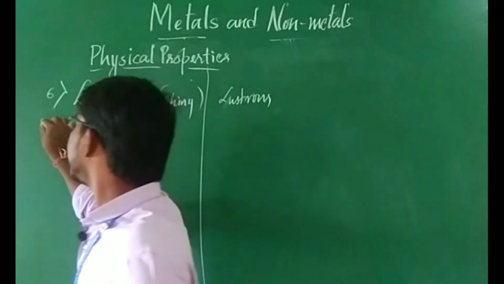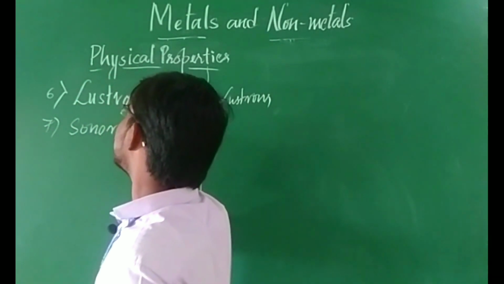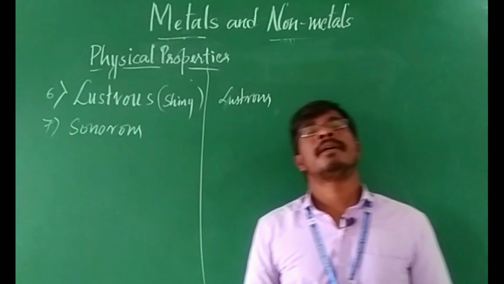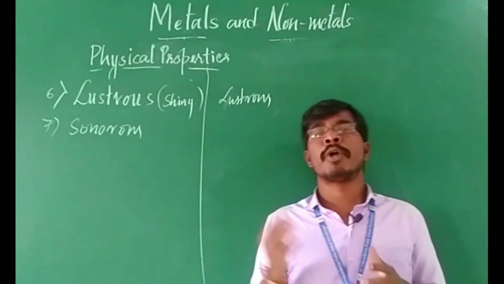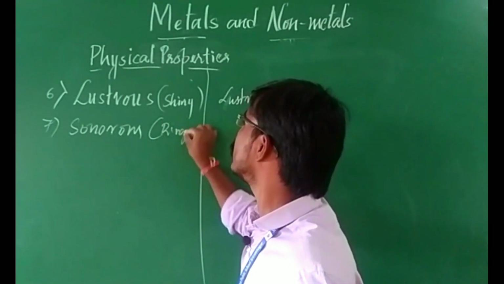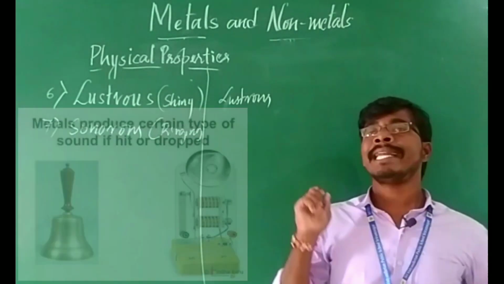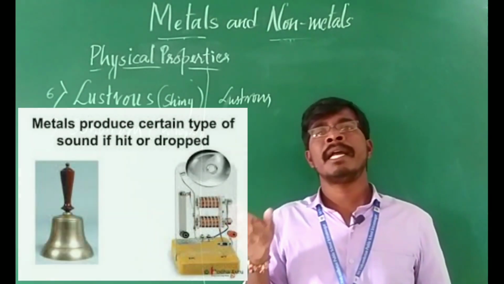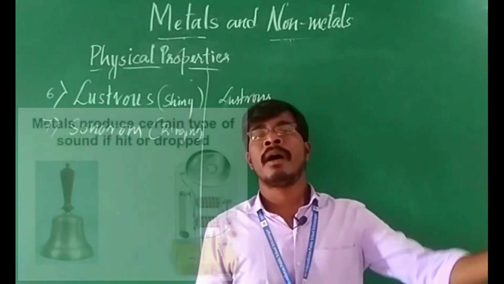Then the next property we are having is sonorous. Sonorous means the property of an element, when it is hit with any other object, to give a ringing sound. For example, your school bell. Whenever it is hit with any other object, you are going to get a different noise than when you beat a wood piece.